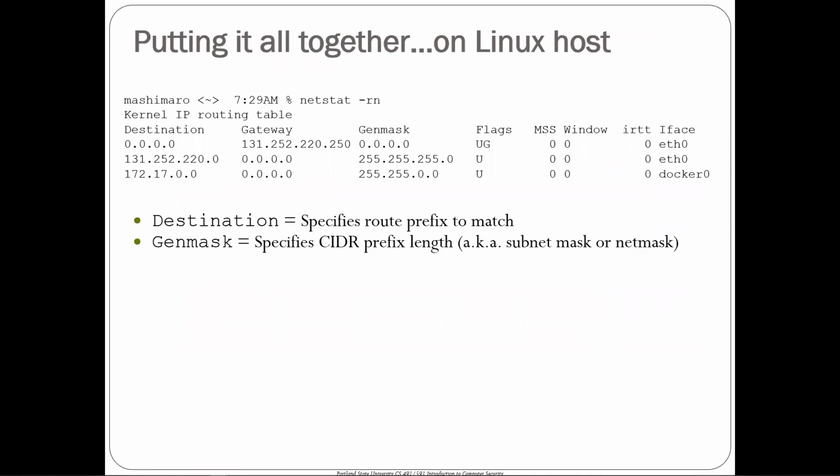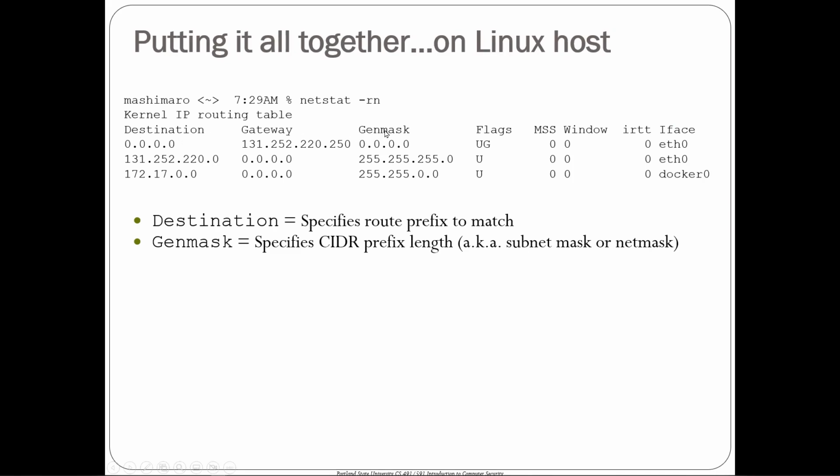Okay, so putting it all together on a Linux host, this allows you to parse a routing table on Linux. All of these pieces that I've talked about allow you now to do a netstat -rn, which shows the routing table, and you see the different columns of it. What is the destination prefix of the route? This is a combination of this prefix and this net mask.